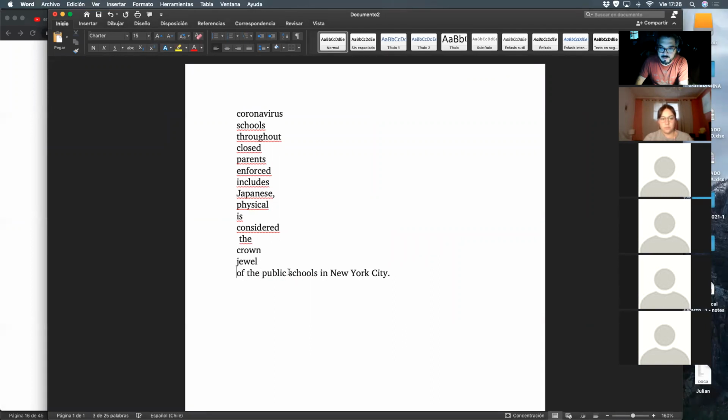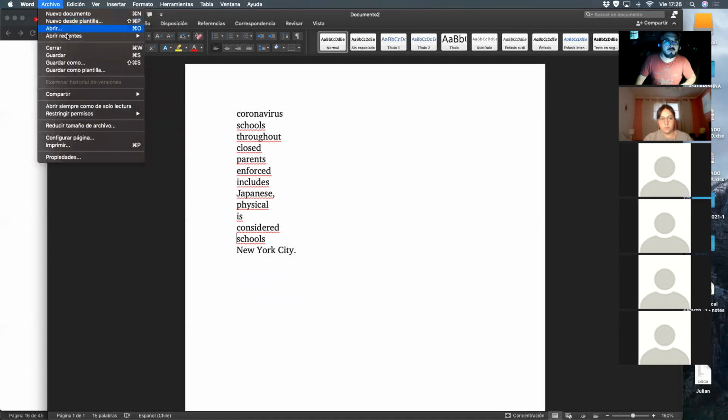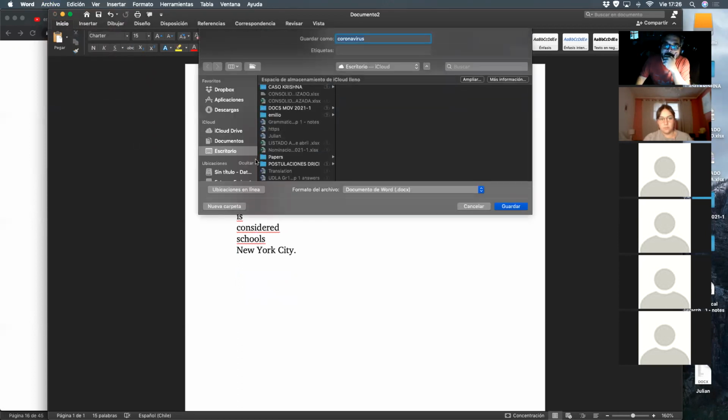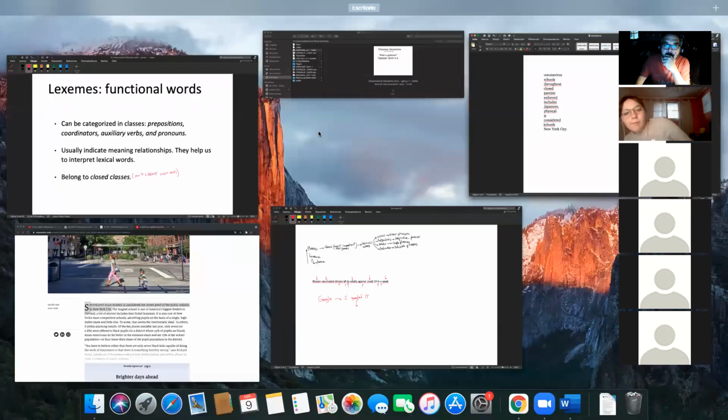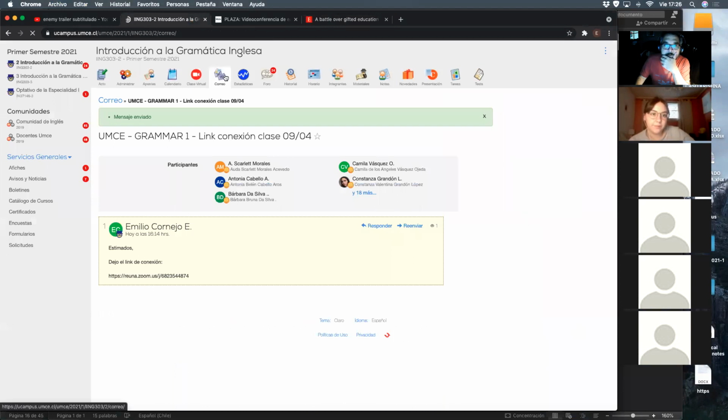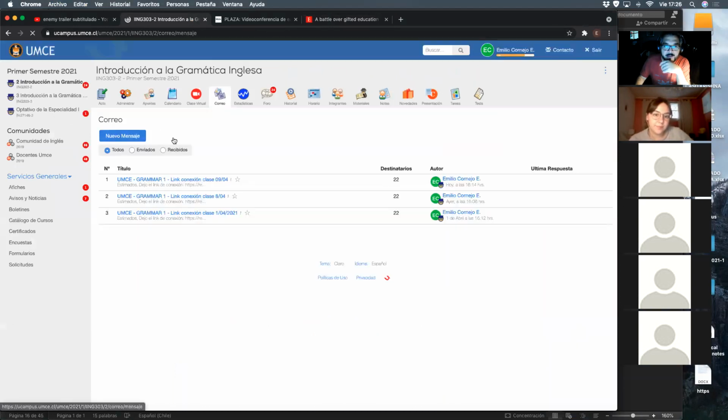The public schools. Archivo, guardar como, el escritorio, guardo y ahora se los mando al correo. Aquí, correo. Qué difícil.